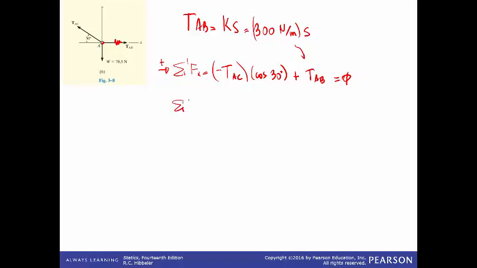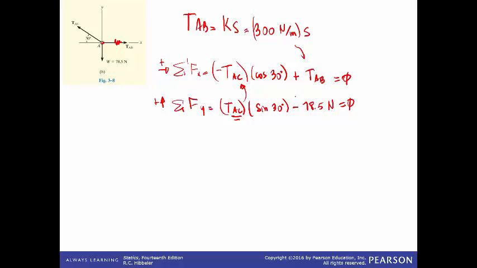And then we have the sum of the forces in Y, positive going up, is TAC times sine of 30 degrees, and that's positive, minus the weight, which is 78.5 newtons, equals 0.